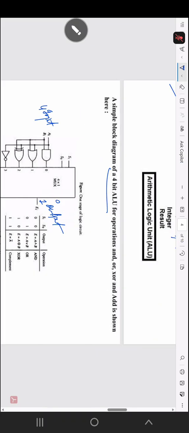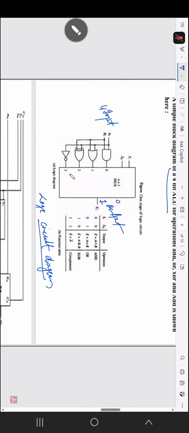The circuit uses a 4 into 1 multiplexer. There are many inputs producing one output, to perform 4 different logic operations on 2 input variables, AI and BI.